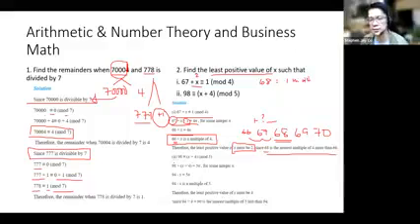Next, another. 98 is x plus 4 modulo 5. So transpose: we have 98 minus x plus 4 equals 5n for some integer n. Simplifying this, 98 minus 4 will give you 94 minus x equals 5n. So this time it is a minus x. What is the value of x that, when subtracted from 94, will make it a multiple of 5?